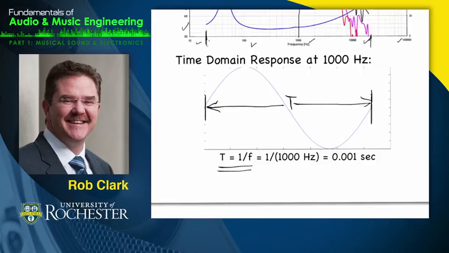The frequency is 1 divided by the period, or conversely, the period, the t here, is 1 divided by the frequency. So at 1000 hertz, the period is 1,000th of a second. If we had a time domain wave at 100 hertz, the period would be a hundredth of a second. That just relates to the time required for the wave to repeat itself.